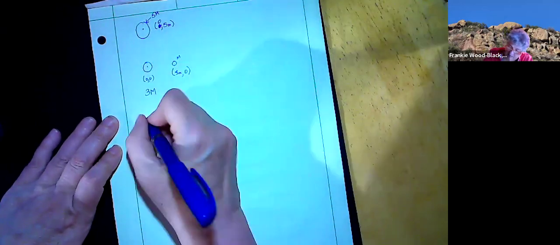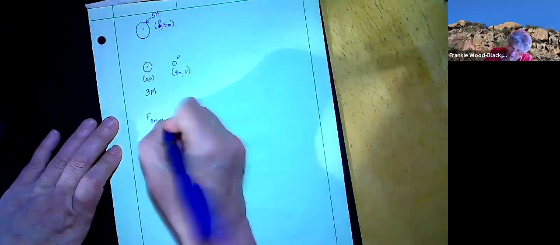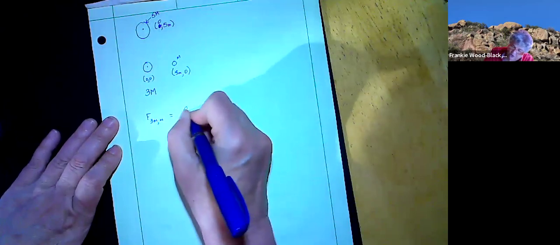So how am I going to approach the problem? Well, first I'm going to calculate the force between the 3m and the 1m mass. So that's going to be G, mass 3m, mass 1, and my R is going to be 3 meters squared.